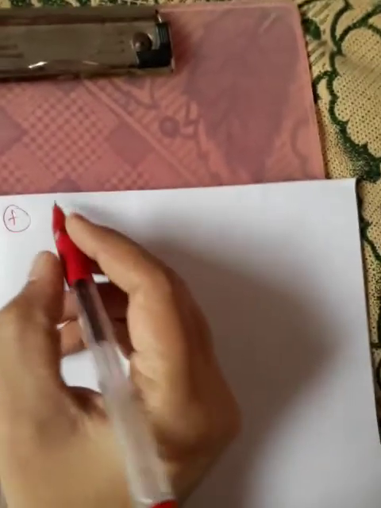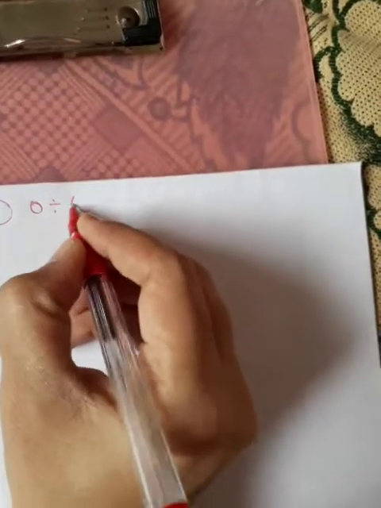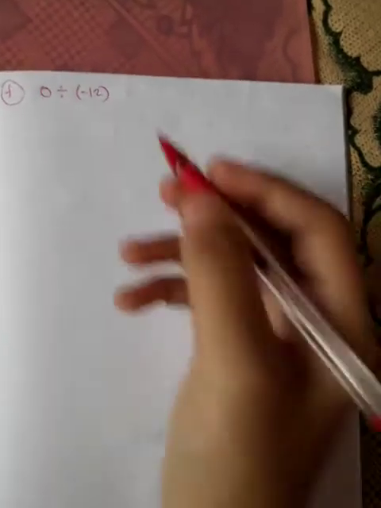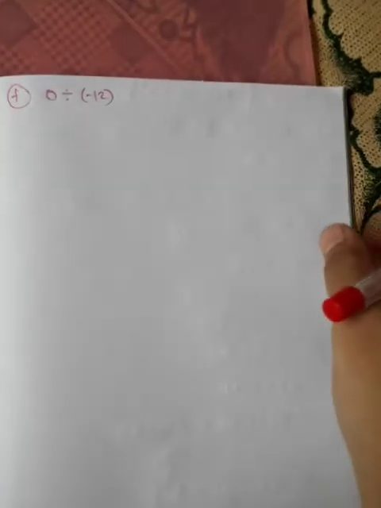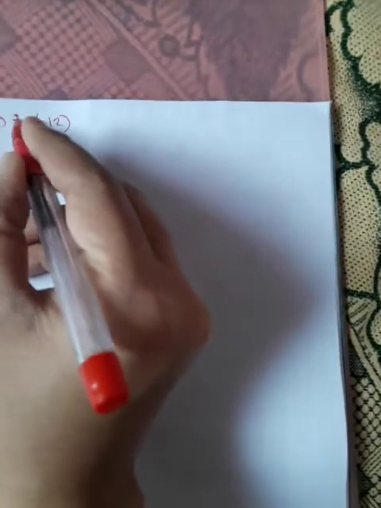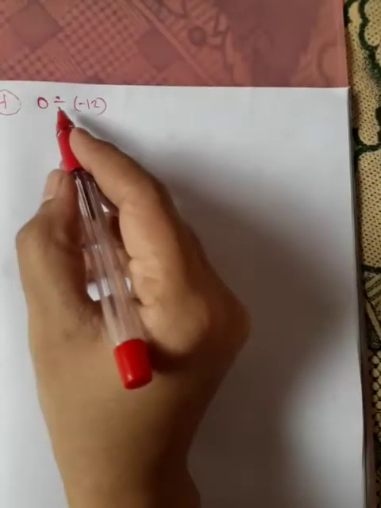Now the next example is 0 divided by minus 12. To solve this exercise you must know the properties of division. I have explained them in previous lectures, so first of all watch those lectures and then solve the exercise, if you have not watched them.